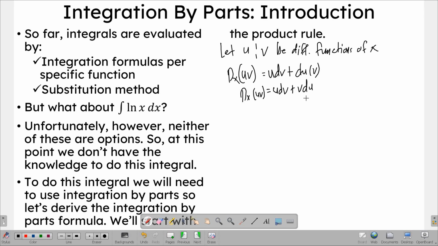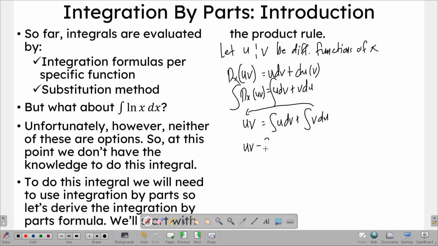Now let's integrate both sides of this equation. And we know that if we integrate, the derivative gets cancelled, so we simply get uv. Integrating the right side, we get the integral of u dv plus the integral of v du. Now we just need to rewrite it so that it becomes the formula for integration by parts. We transpose this term here and change its sign.